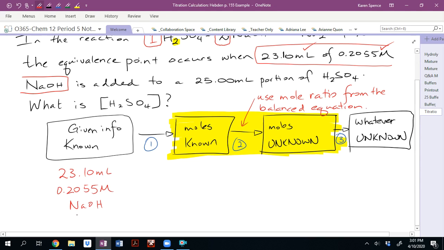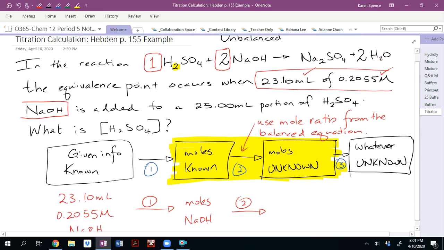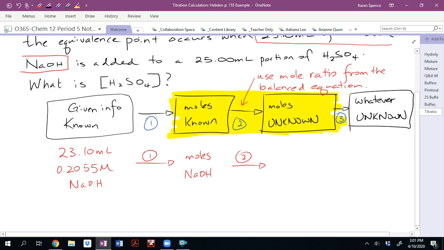So NaOH is our known substance. That means in step number 1, we are going to find the moles of NaOH, our known substance. And then in step number 2, we are going to convert to our unknown substance, which in this case is our other reactant, and that is our H2SO4.